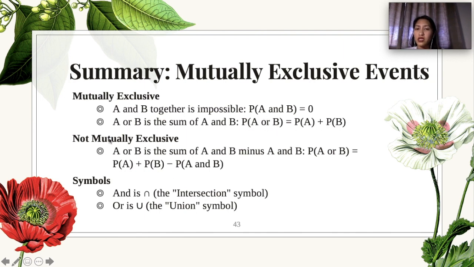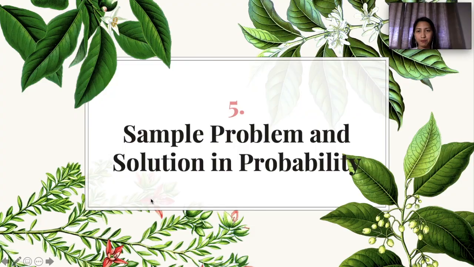Kapag not mutually exclusive, all you have to do is to add the first probability with the second probability and then i-minus mo yung A and B. Okay, kasi may kailangan kang tanggalin kasi ang hinahanap lang is yung A or B. So the symbol for and is intersection, while the symbol for or is union.